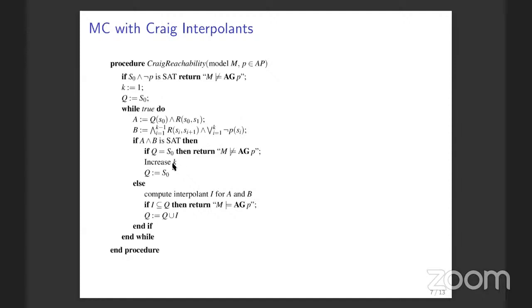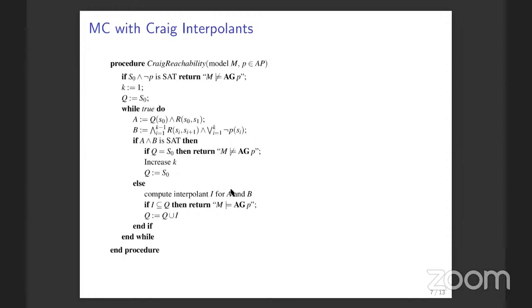So you have not found any errors up to some K. Then you compute the interpolant between I and the K-safe interpolant.